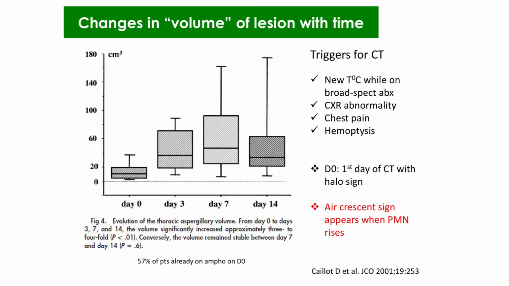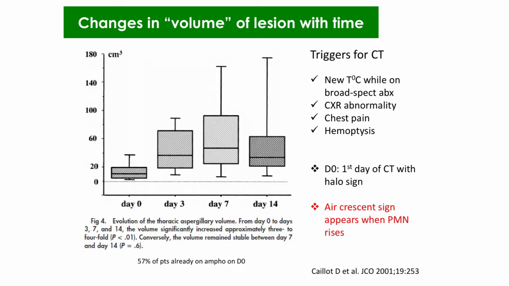When these French investigators tried to study in detail the CT features of these nodules, what they call an aspergillary nodule, they measured the volume, which is not difficult, just length times breadth times height. They called day 0 the first day that the CT had a halo sign.